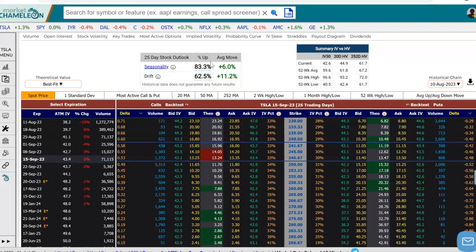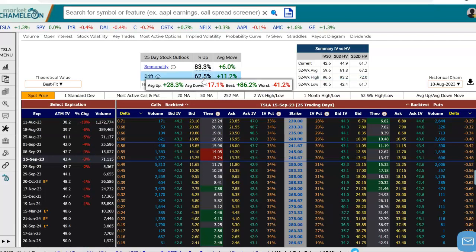We see over a 25-day period, Tesla is up 62.5% of the time based on history, for an average gain of 11.2%. If we hover over, the 11.2% is right around the 273 strike.